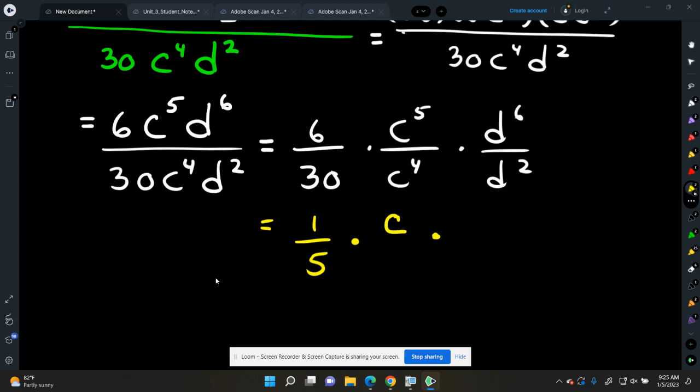Ethan, what does that equal? D8? Oh, no, D3. Okay, tell me what you're doing. Tell me what you just did to get d to the third.